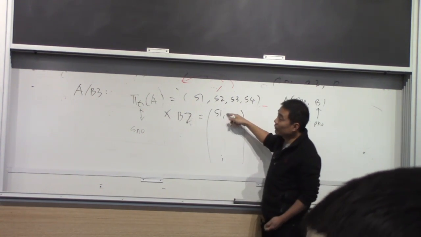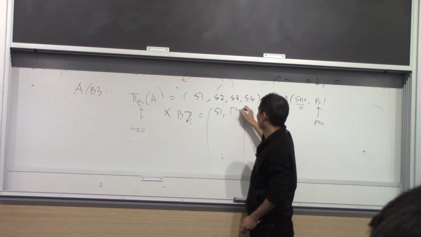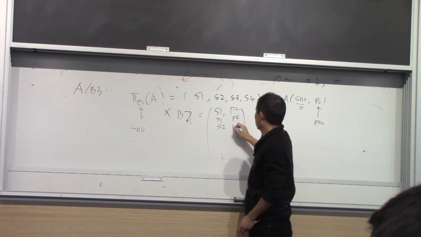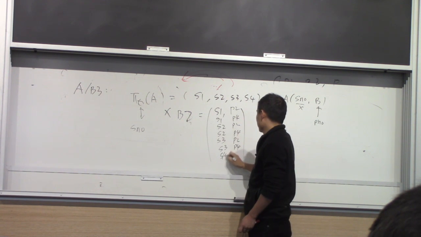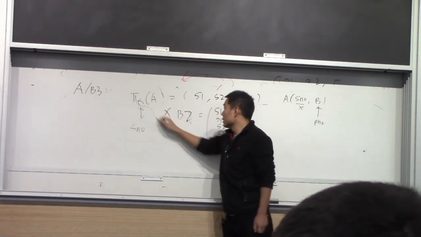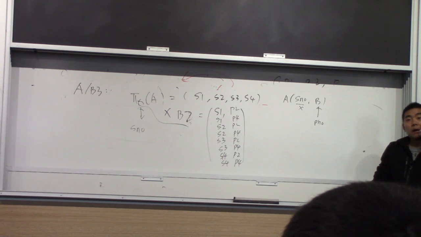Cross with that will give you, right? That's what I get. All the possible pairs between X and Y.